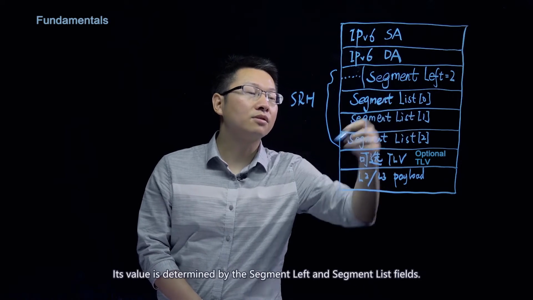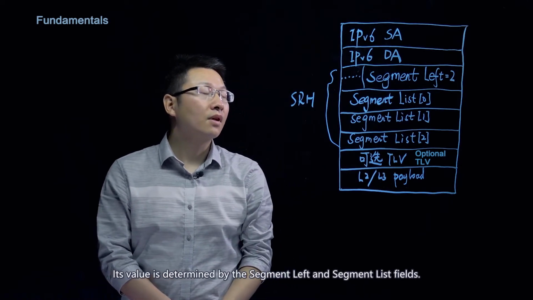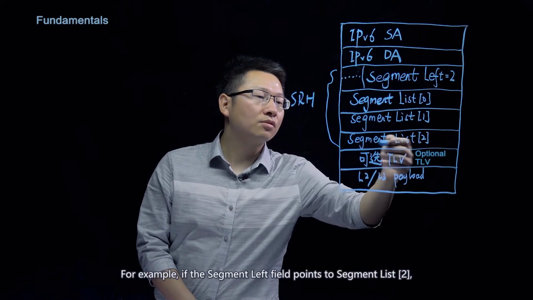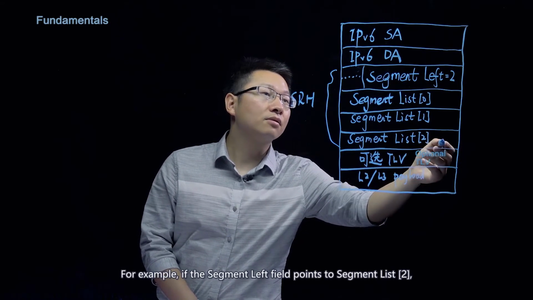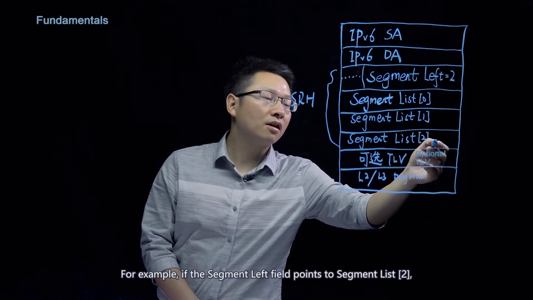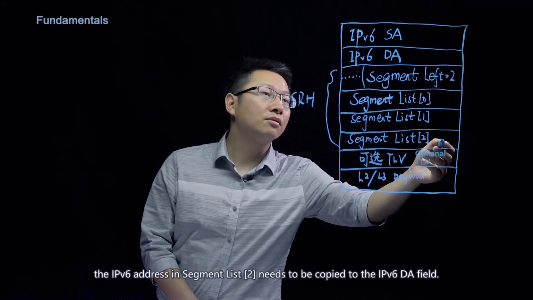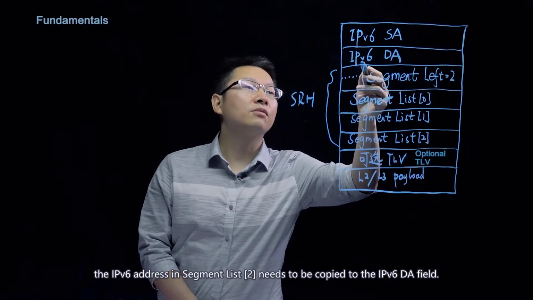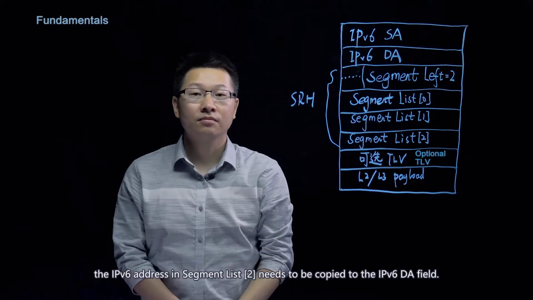Its value is determined by the segment left and segment list fields. For example, if the segment left field points to segment list 2, the IPv6 address in segment list 2 needs to be copied to the IPv6 DA field.